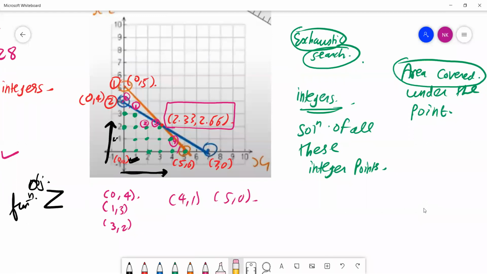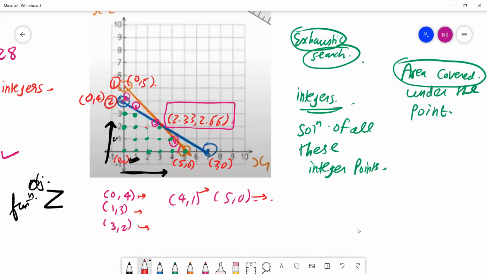The first point is 0, 4, the second point is 1, 3, the third point that I am considering is 3, 2, the fourth point is 4, 1, and the fifth point is 5, 0. Instead of calculating for all the 17 points, you will be calculating only for the 5 points, obtaining the objective function output for all of them. And with reference to these 5 points, you will say that this is the best answer.